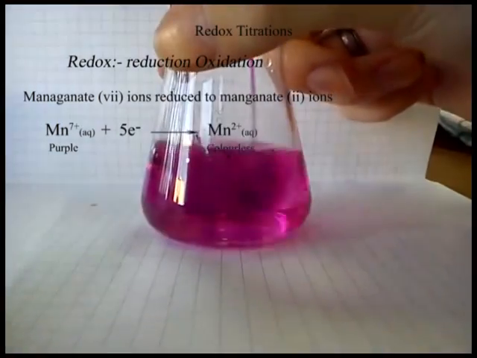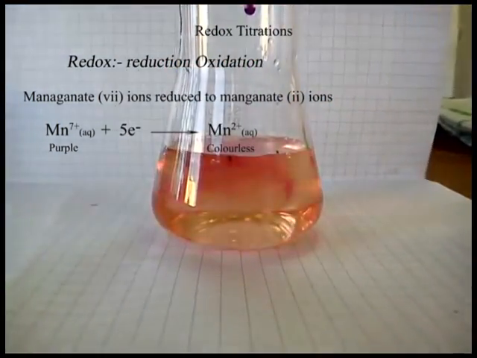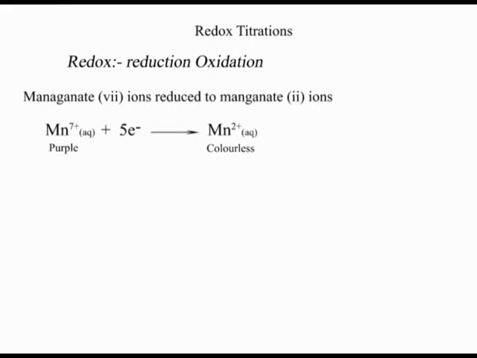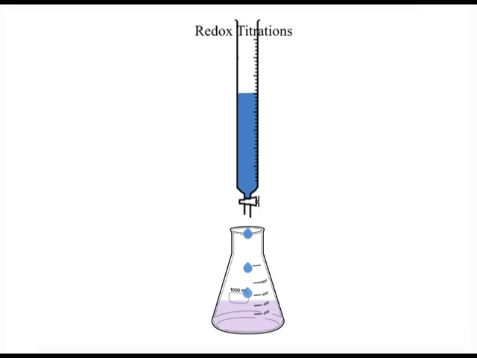Manganate 7 ions are purple in color. They are reduced to manganate 2 ions, which are colorless. Dichromate ions are orange in color, and they are reduced to chromium ions, which are green in color. Redox titrations are done in the exact same manner as the other titrations, except that indicators are not used.